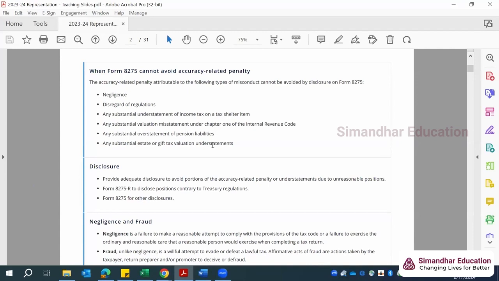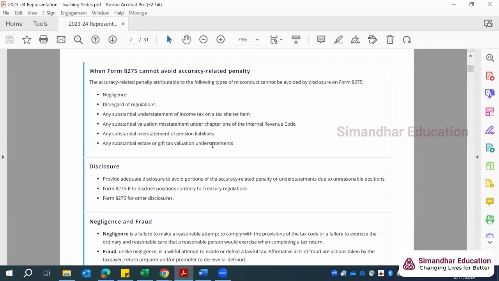And if you are entering into a transaction which the Internal Revenue Service believes is a tax shelter transaction, or a transaction where there is a possibility of tax evasion, then you should have the more likely than not standard, but you don't need to disclose it. So disclosure is required when you have reasonable basis, but disclosure is not required if you have substantial authority and when you have the more likely than not standard.